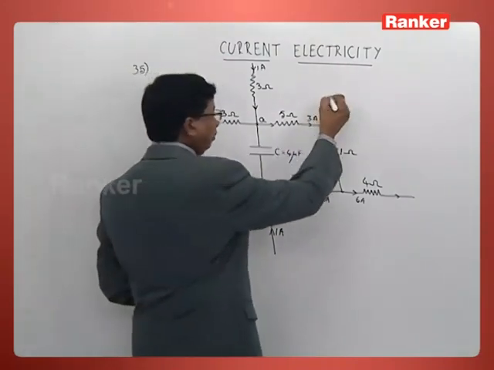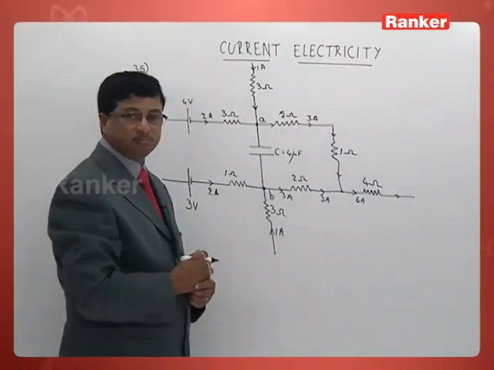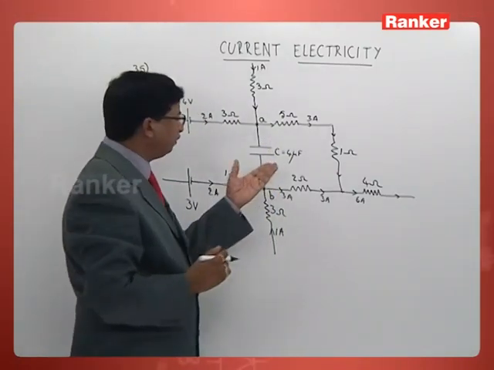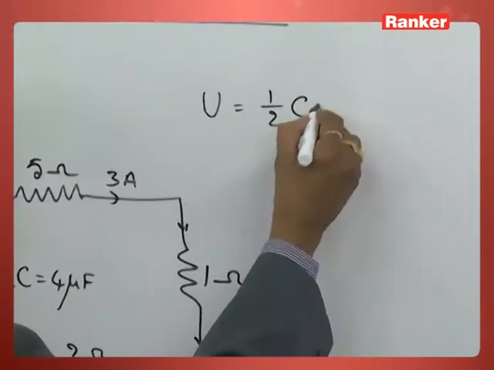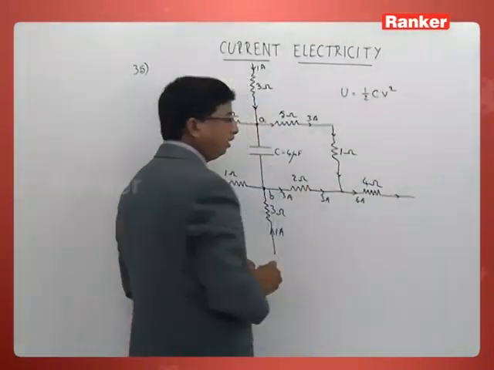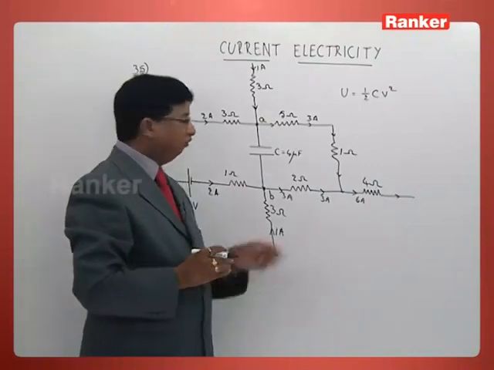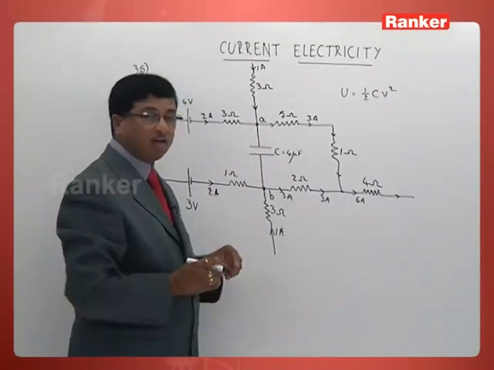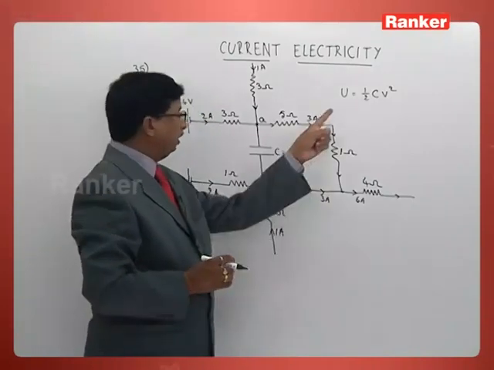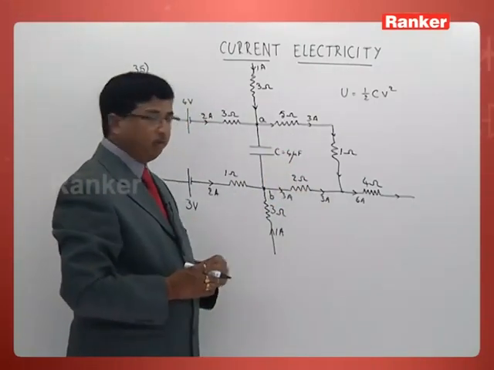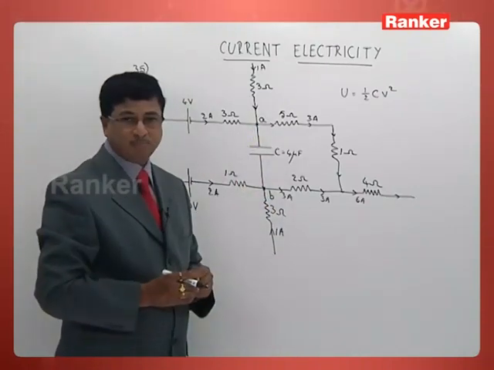You should calculate the potential difference across the capacitor. What is the reason? You can directly take energy as half CV square. There is a formula directly, C being the capacity, V being the potential difference across the plates of the capacitor. So C already is known to us. We just have to calculate the potential difference across these 2 points.